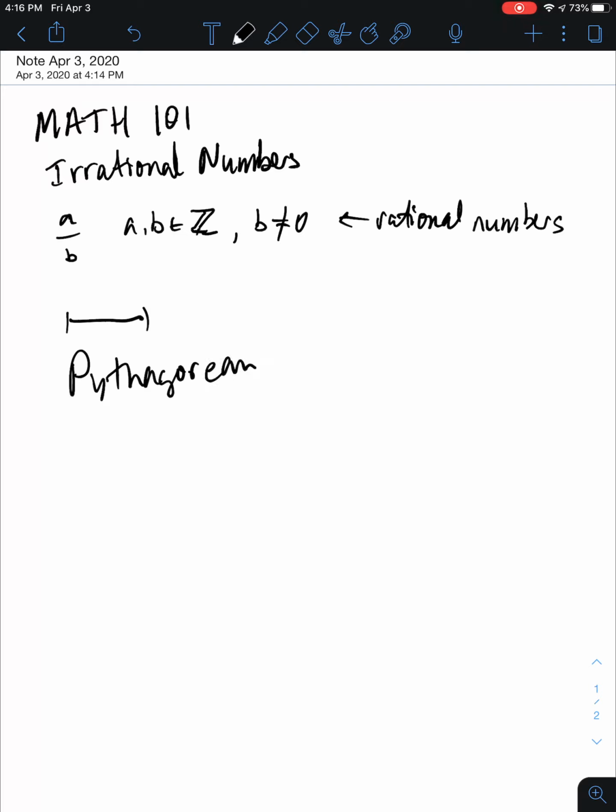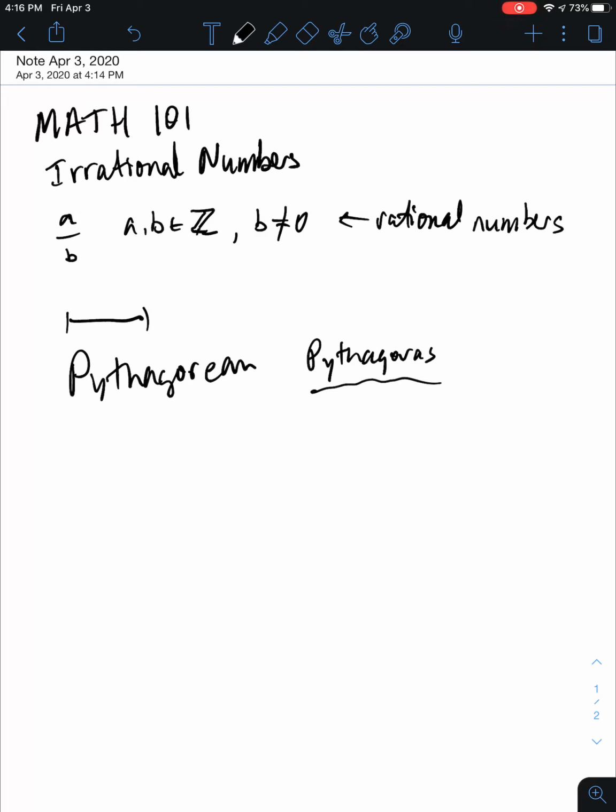Who were a cult of people who, I guess you could say, sort of worshipped numbers. They were led by Pythagoras, who is also known for the Pythagorean theorem, or the Pythagoreans are. It's actually unknown whether Pythagoras was a real person or not.